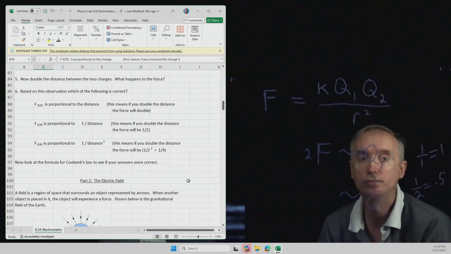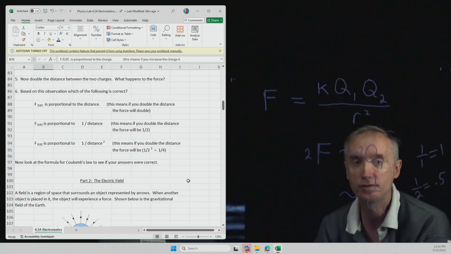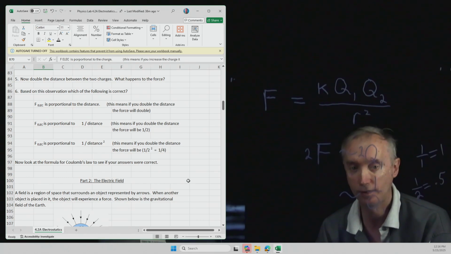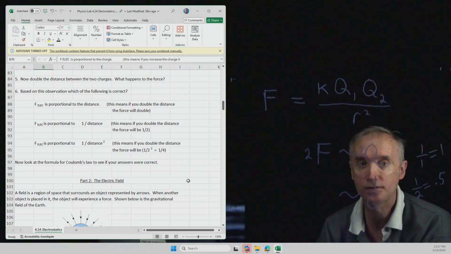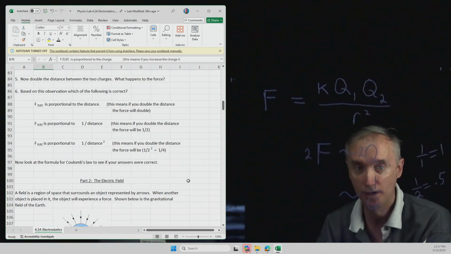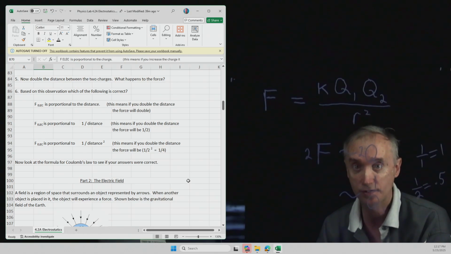And so we've got three possibilities here. Again, we're going to try to come up with a formula that relates the force of electricity to the distance. So the first one says that the force of electricity is proportional to the distance.